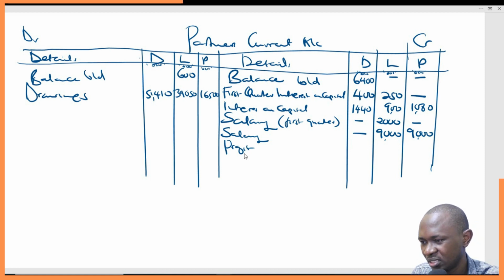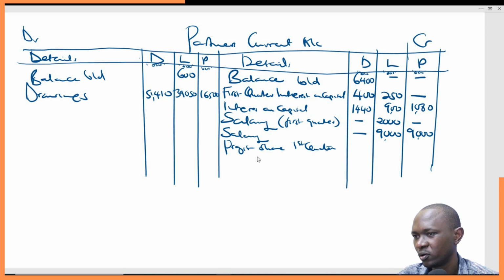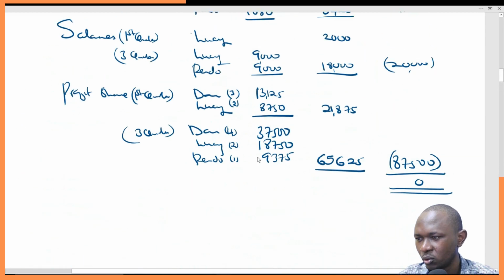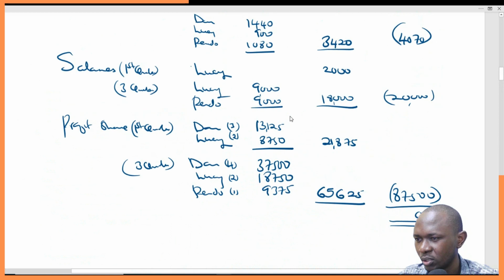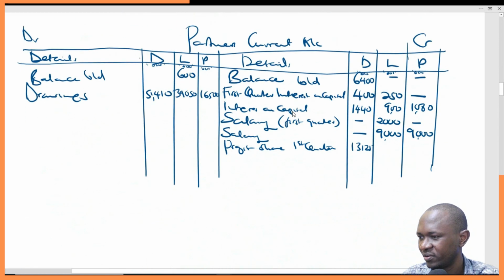We say profit share, and this is the first quarter. For Dan 13,125, then for Lucy 8,750, and of course Pendo was not there.